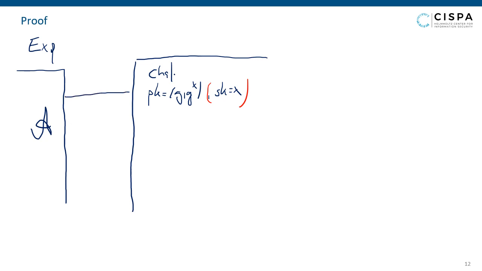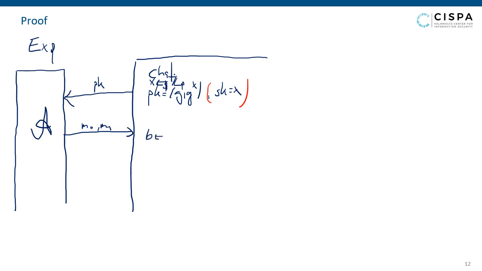So we give this public key PK to the adversary A. I can maybe write that X is chosen uniformly random from Z_p. Okay, now the adversary gets the public key, chooses two messages M0 and M1.